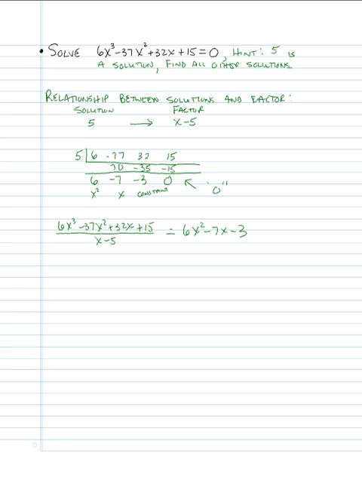But better than that, that tells us that 6x cubed minus 37x squared plus 32x plus 15 is equal to the divisor, x minus 5, times the quotient, 6x squared minus 7x minus 3. So we've begun factoring. That's the whole power of this division.